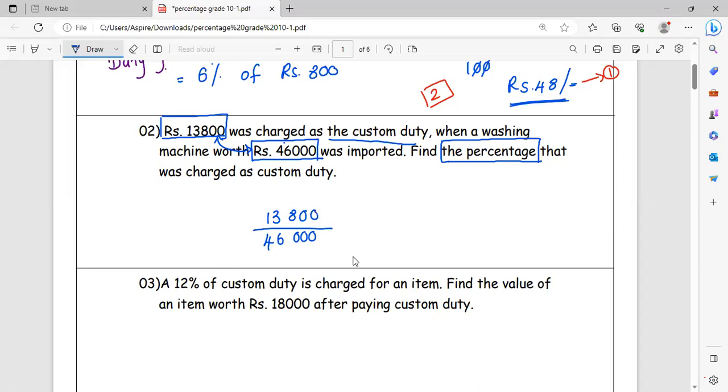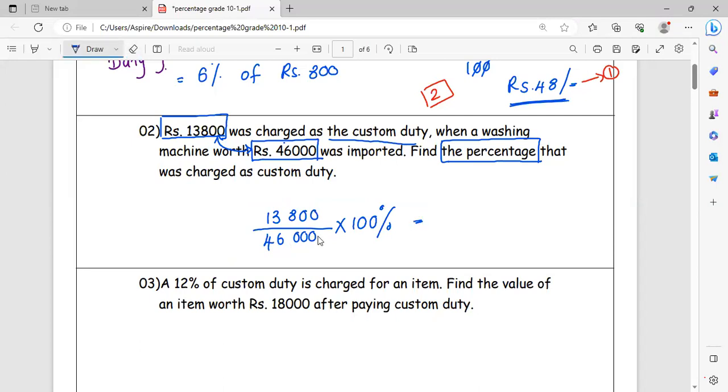Now we have to find, if it is 100 rupees, then what will be the custom duty? Then you have to multiply it by 100. Okay, this is what we call calculating the percentage. That means you are finding the tax that should be paid when the item is 100 rupees.